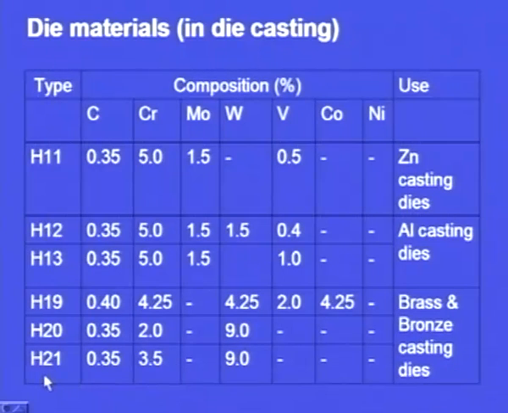And there is another die material known as H21 steel, and the composition is carbon 0.35%, chromium 3.5%, tungsten 9%. This die material is used to make brass and bronze castings. So, these are the important die materials, and these die materials are very costly.